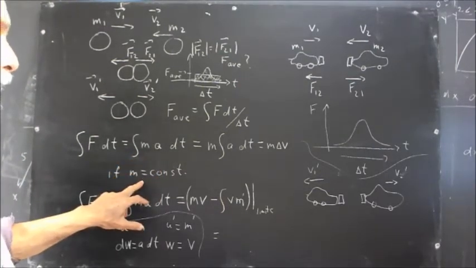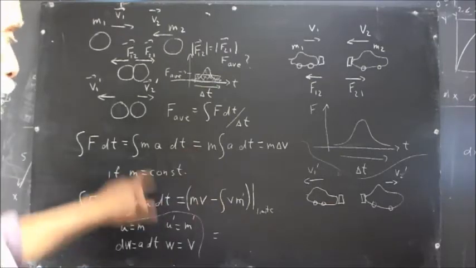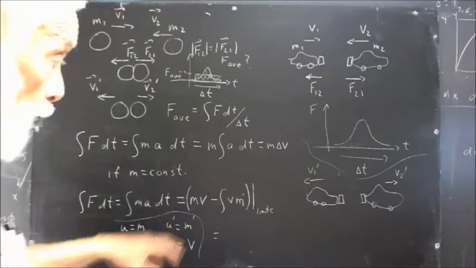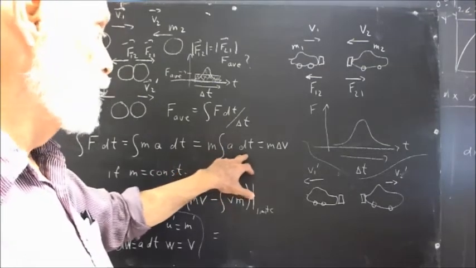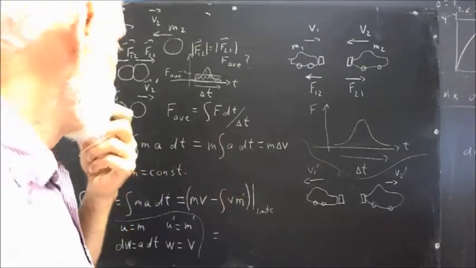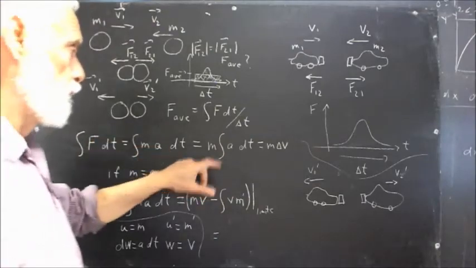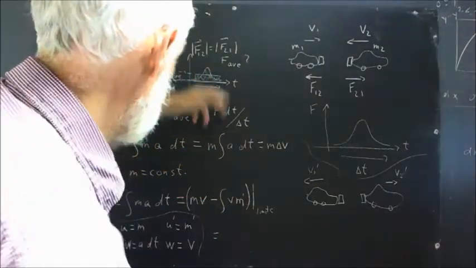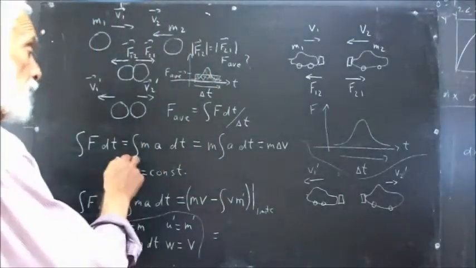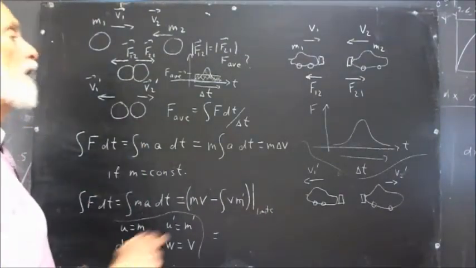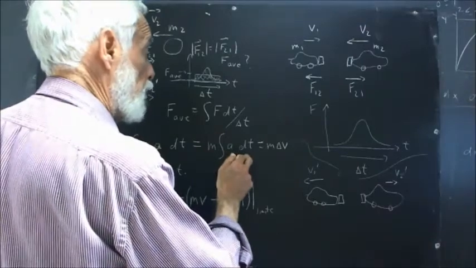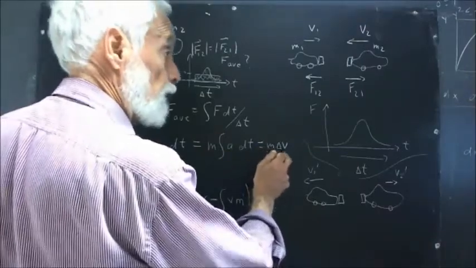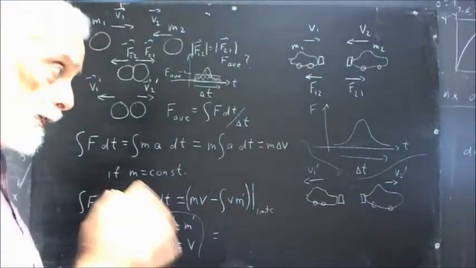Now, if the mass is constant, we can just factor the mass out of the equation, and we get the mass multiplied by the integral of the acceleration with respect to t. Now, I haven't put limits on the integral. It's the integral over the interval delta t, so from some t1 to some t2. On that interval, the integral of a dt is going to be the change in velocity on that interval.